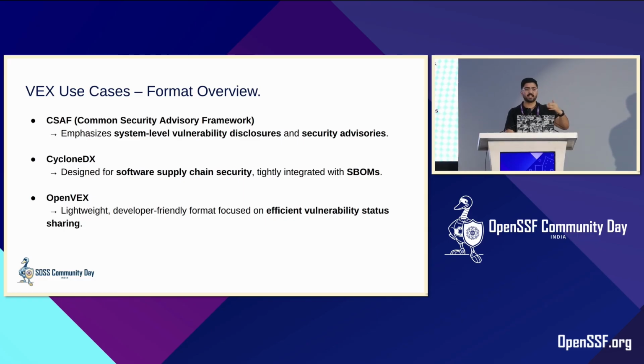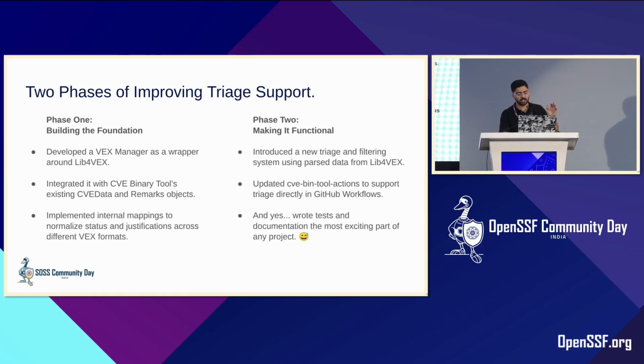CycloneDX is mainly designed to meet the needs of the supply chain side of things, so if you see anyone generating SBOMs, it's probably CycloneDX itself. OpenVEX is a very simple version of VEX. It includes less information, and it's for people who are trying to adopt VEX for the first time. It's pretty simple and developer friendly too.